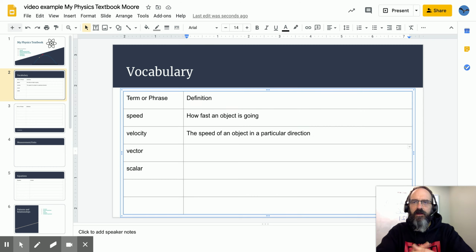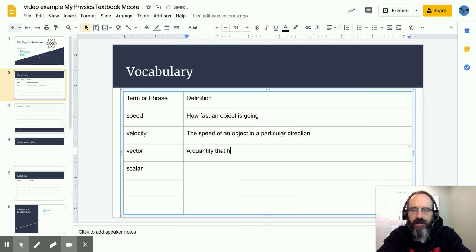And that brings us to the difference between a vector and a scalar. A vector is a quantity that has a direction as well as a magnitude.